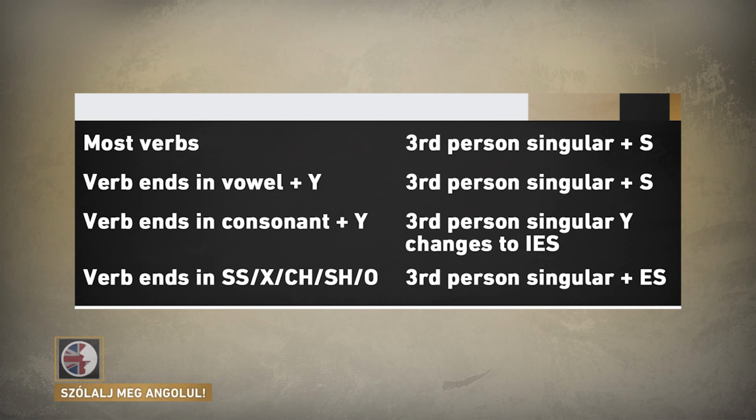If the verb ends in vowel plus Y, we add an S to the end for the third person singular form. But if the verb ends in consonant plus Y, then we change the Y to IES. If the verb ends in SS or X or CH or SH or O, then we add ES to the end of the infinitive to make the third person singular form.